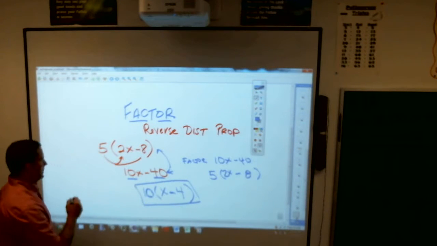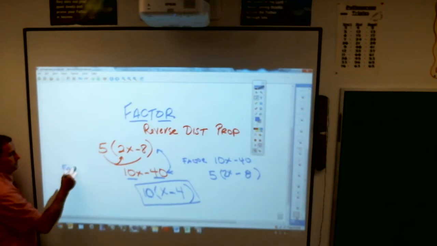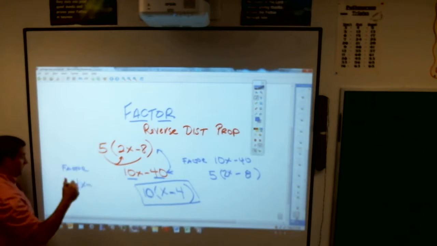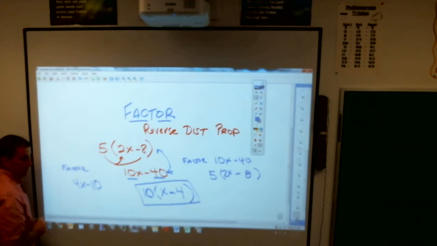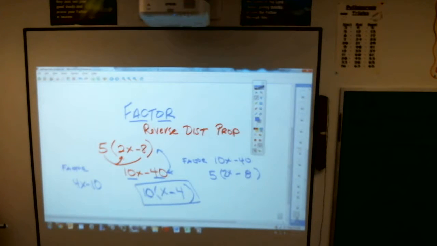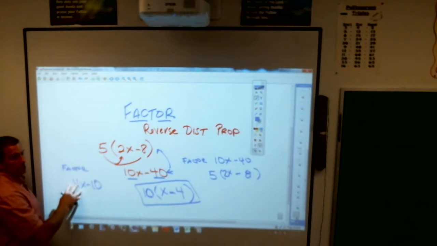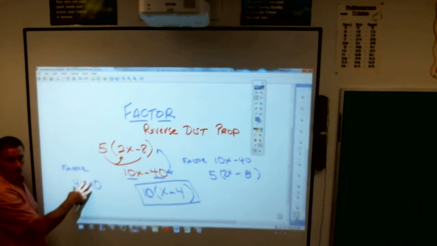I'll do another one. Factor, let's just say 4x minus 10. When you factor that, you look at the two terms separated by that subtraction sign and say, what can you take out of those? What can you divide both 4 and 10 by? Amelia? 2.